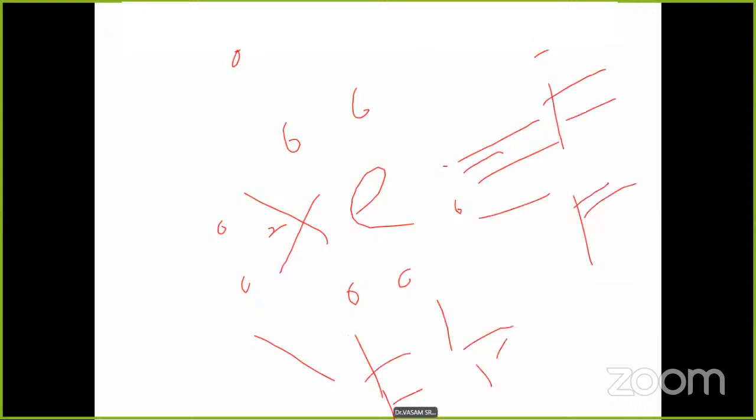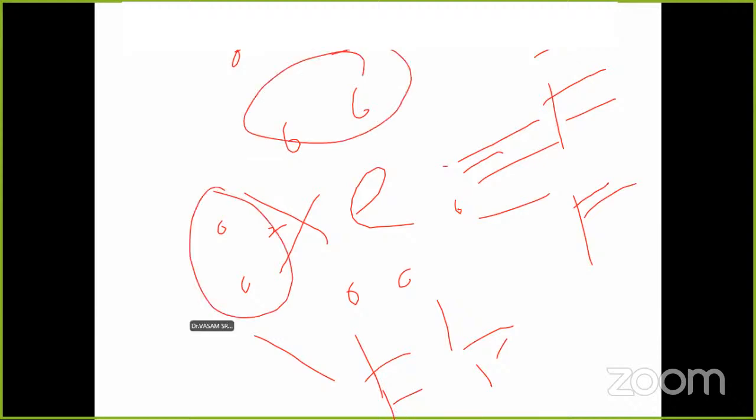The remaining, the xenon has 2 lone pairs. So around xenon, 4 sigma bonds and 2 lone pairs are present. 4 plus 2, 6. 6 means the hybridization is sp3d2.